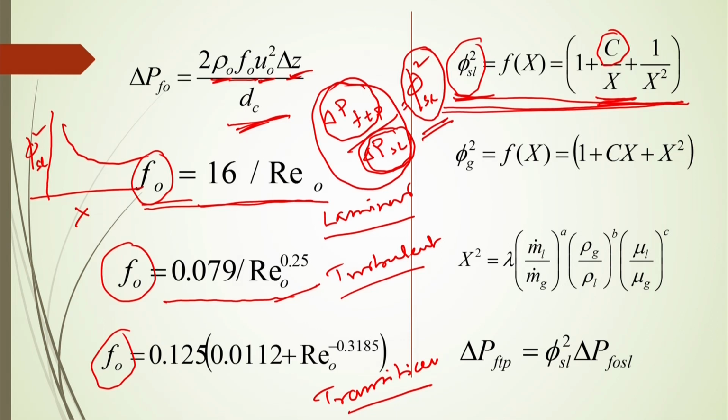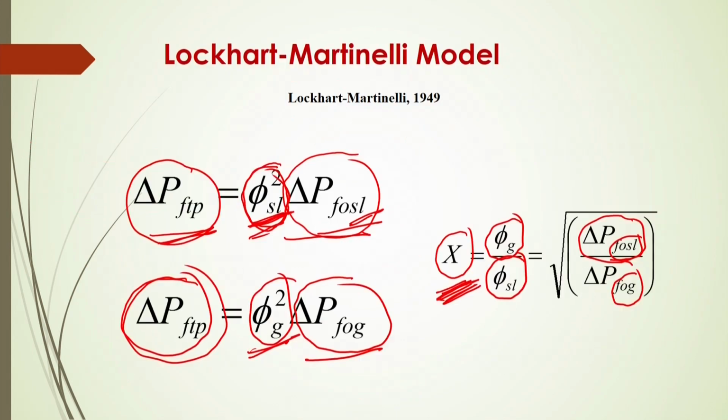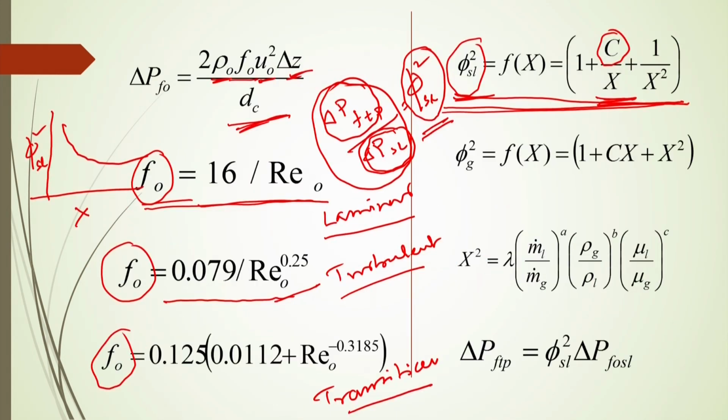If you are fitting this, you will get the C value from this equation. So, just by the least square method you can fit this equation, then you can get the value of the constant C.